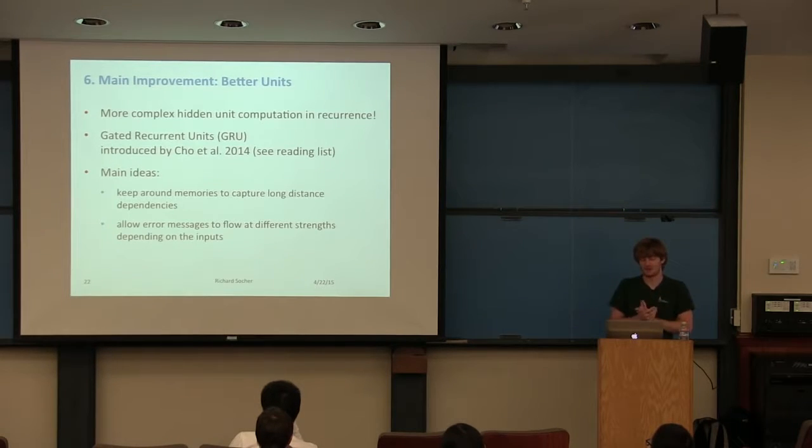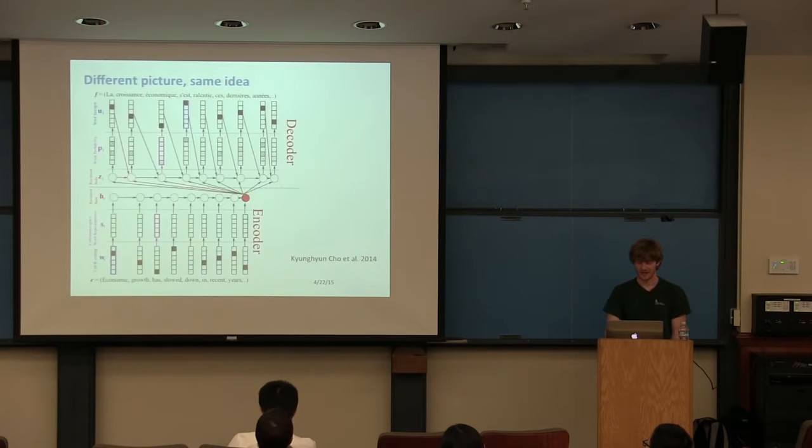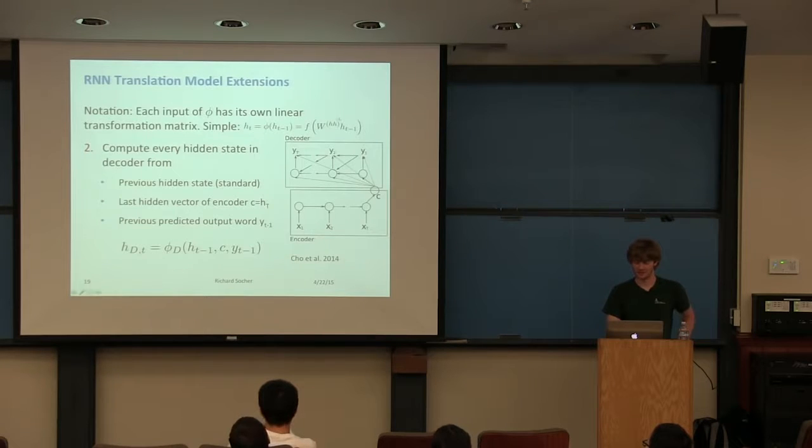The main idea of gated recurrent units is that we want to keep around certain memories, certain elements of the hidden vector, to capture long distance dependencies. So we don't want just an inner product here, the matrix multiplication. This changes our hidden state entirely, right?